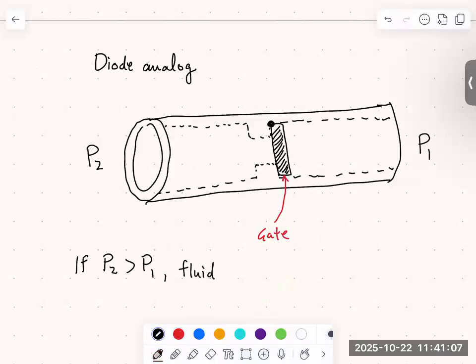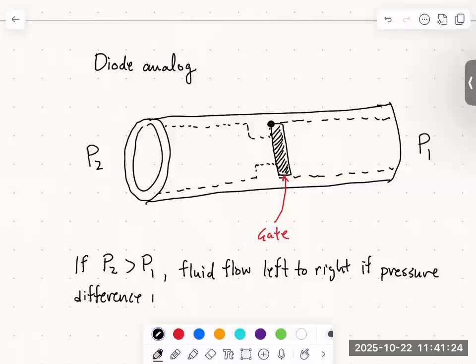we get fluid flow from left to right if the pressure difference is sufficient to push our gate open.